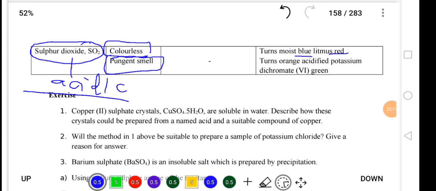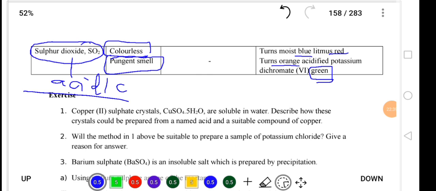Now, the proper identity test of sulfur dioxide is down here. Only sulfur dioxide is able to turn orange acidified potassium dichromate(VI) to green. So meaning this reagent, acidified potassium dichromate, is orange in color.